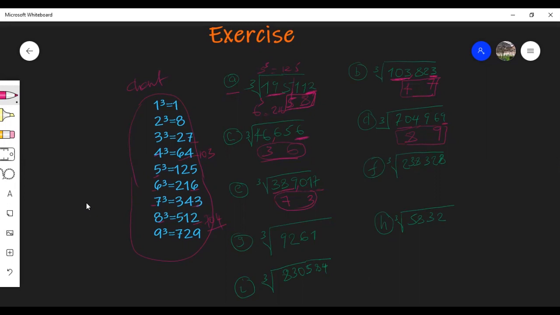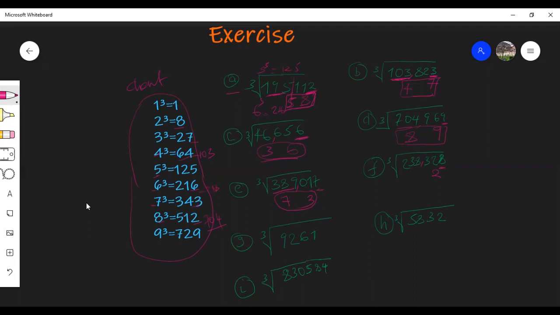F is the same. You look at the end number here, which is 8, and you come here. Is there a number that gives you 8? Yes, that is 2. So after having that, you have 2. And you want to know what number gives you 238. So again, 238 lies here.